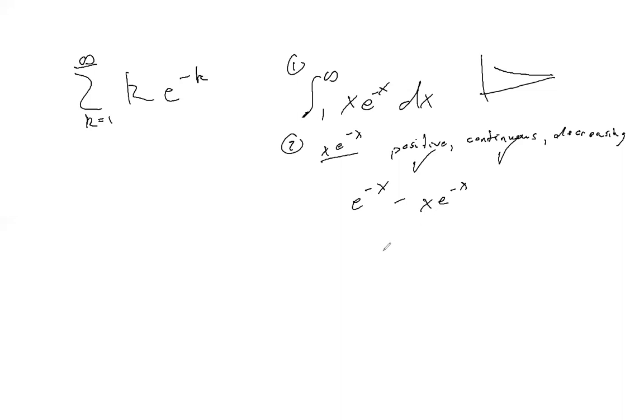We want this derivative to be less than or equal to 0. Is e to the negative x less than or equal to x e to the negative x? Yeah, if x is greater than 1, this is going to be true. So my derivative will be negative, which means my function's decreasing. Okay, so I've checked all my criteria. Boom. Step three is to actually compute the integral, and let's do that on a new page.